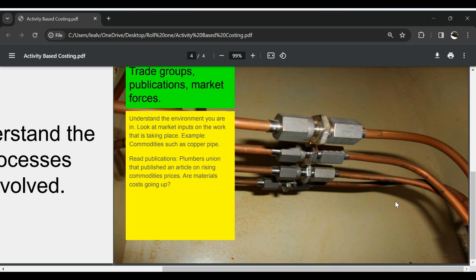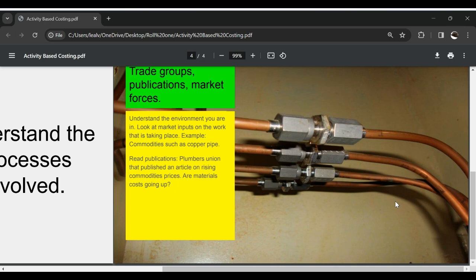If it's copper, there would be some welding and soldering involved, but we're going to want to understand the commodities prices, the environment that we're in. So you would look at the cost of copper and consider the commodities prices as well as the activities that are going into place. For example, the number of pipes going down into the ground and the gluing of those. How many are we gluing, and is it accurate?